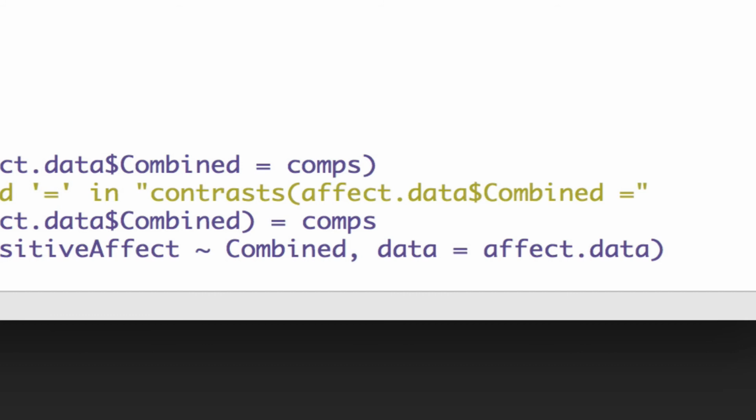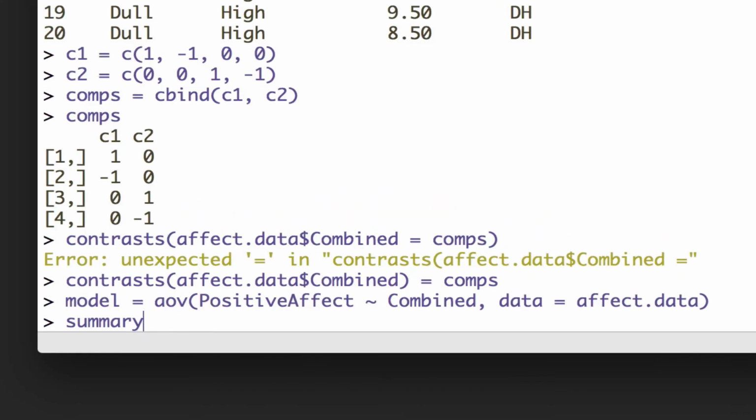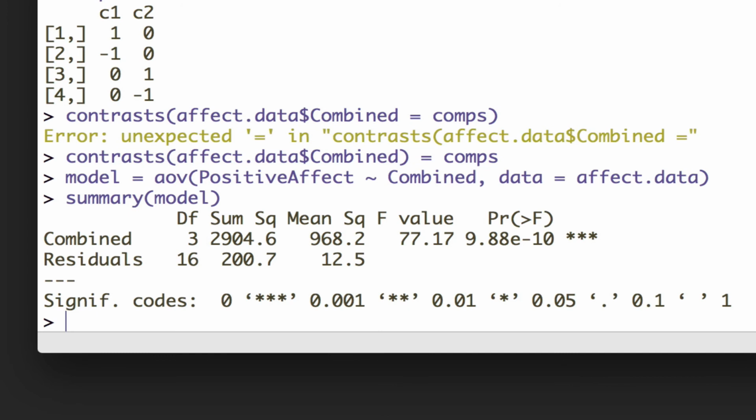If we run that, it's going to give us some output, but that's just testing the effect overall. That's testing essentially the same thing as the original ANOVA. It's a one way ANOVA on all the separate groups. It's not testing what I want it to test.